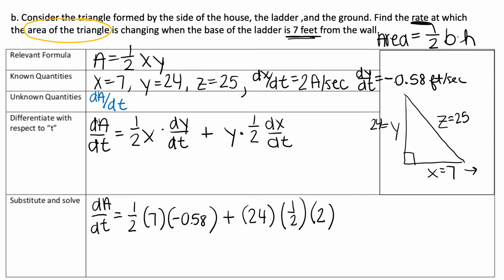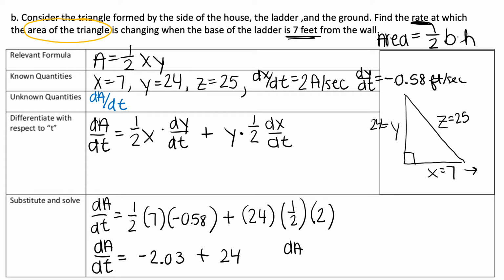From here we can go ahead and solve. We have dA/dt equals 1/2 times 7 times negative 0.58 is negative 2.03, plus 24 times 1/2 times 2, those are going to cancel out, and we're just left with 24.